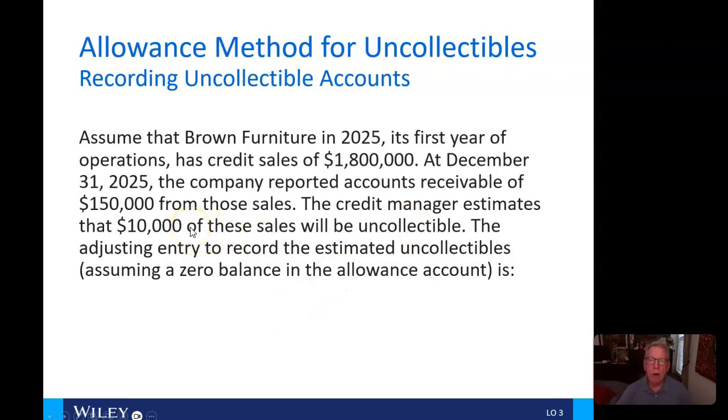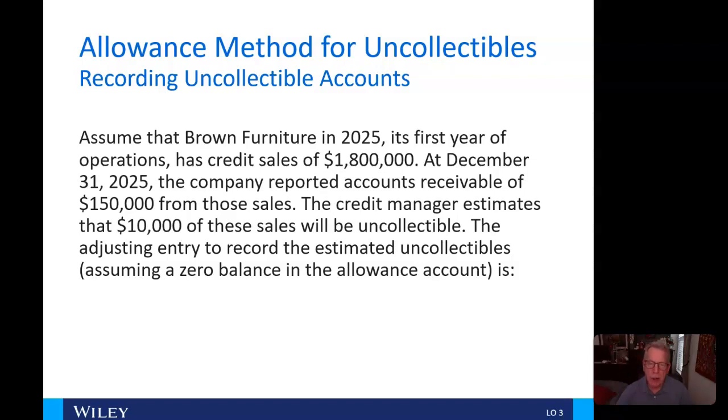Here, Brown Furniture in 2025, its first year of operations, has credit sales of $1.8 million. At December 31st, the company reported accounts receivable of $150,000 from those sales. The credit manager estimates that $10,000 of those sales will be uncollectible.